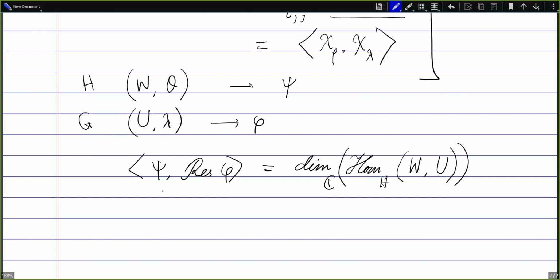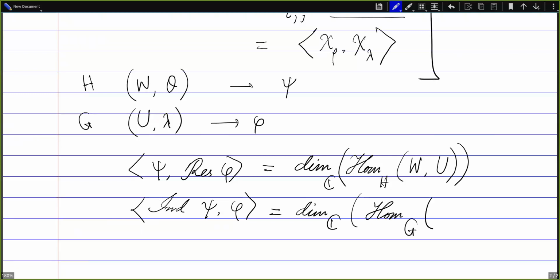And on the other hand, the inner product of psi with phi induced is nothing but the dimension of the G invariant linear maps from the induced representation.